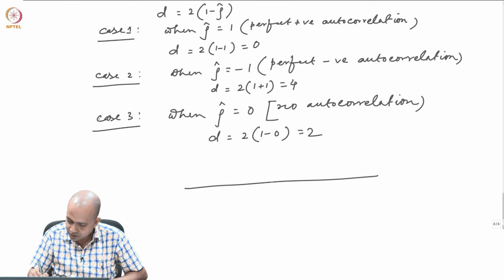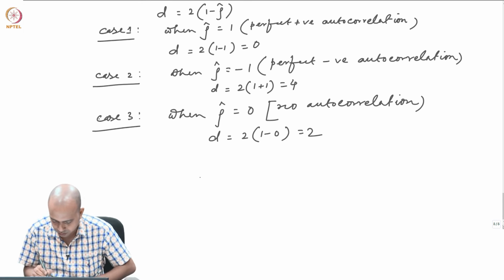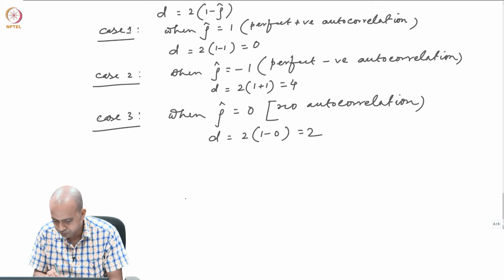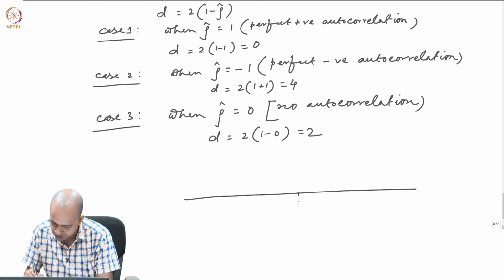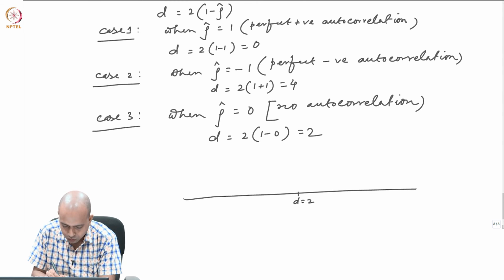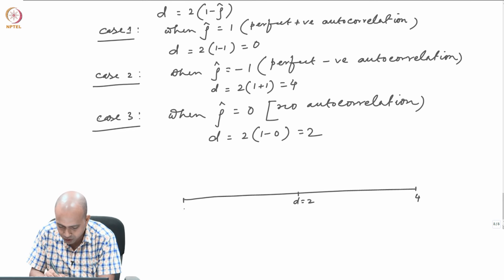let us say this is D equals 2. So, the values of D will lie between 0 and 4.